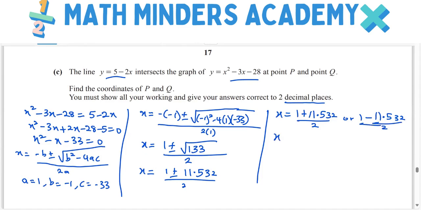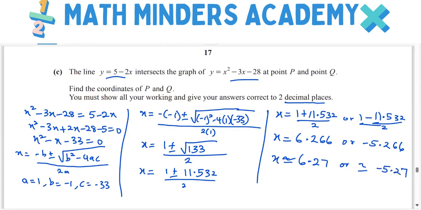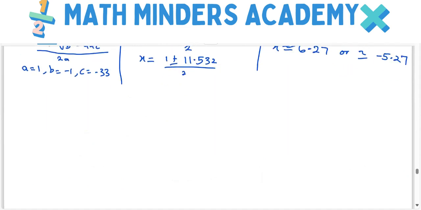Here x becomes 6.266 or minus 5.266. So to 2 decimal places, x is approximately equal to 6.27, or approximately equal to minus 5.27.